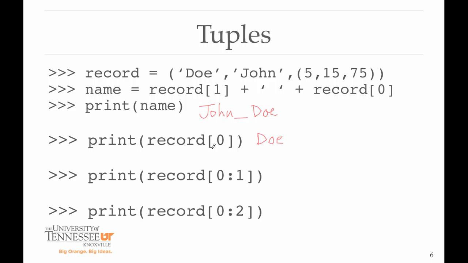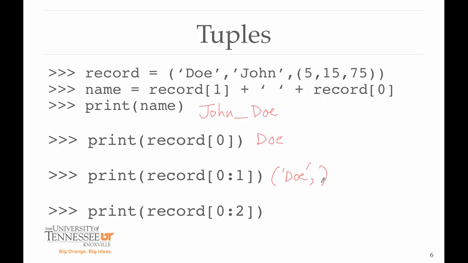For this slice, you would get a tuple back, so it will print parentheses to indicate that. It would give you that first object, the string Doe, followed by a comma. But because the boundary index here is 1, it can't include the 1, so it just stops and prints a right parenthesis. That may seem strange, but you may want to play with that a little bit to get used to it.